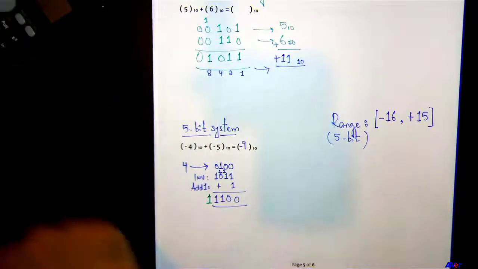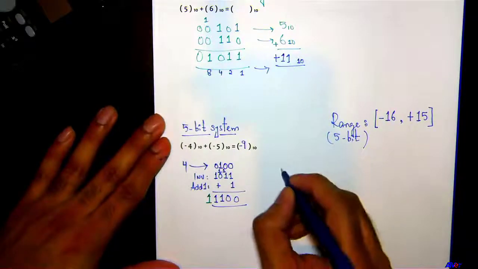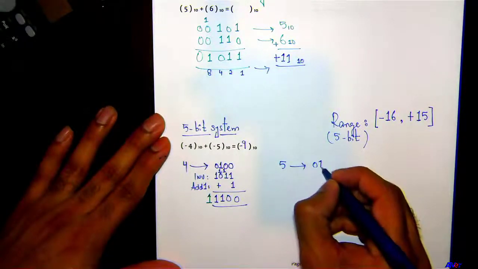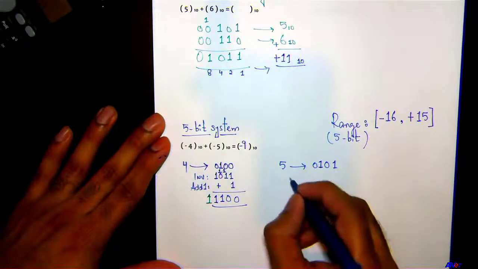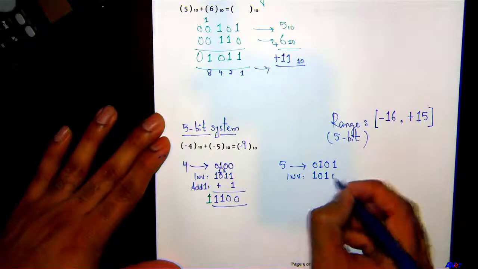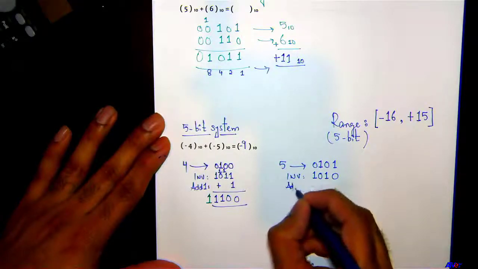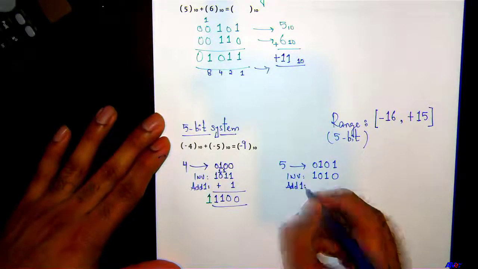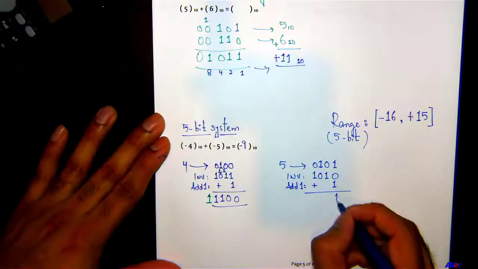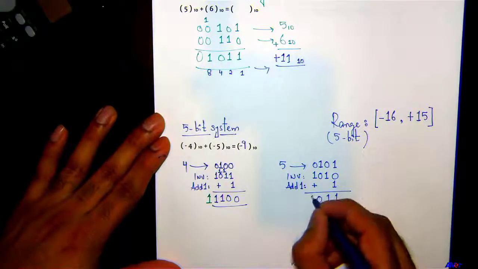Okay, all right. Similarly, same thing we do for the negative 5. So 5 in decimal is 4-bit code 0 1 0 1. Take the invert of that number, 1 0 1 0. Add 1. 1 plus 0 is 1. 1 0 1 1.